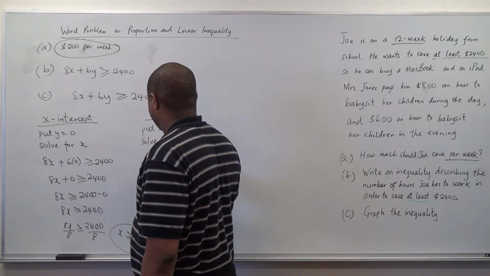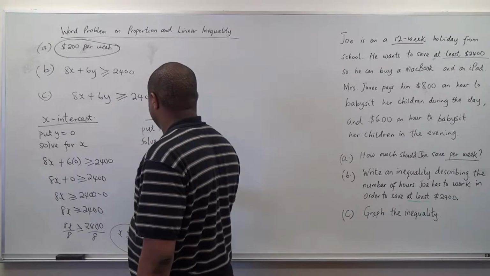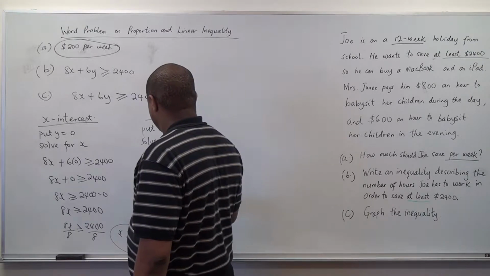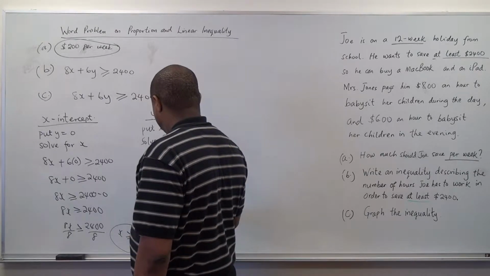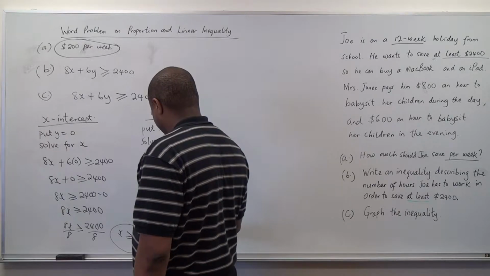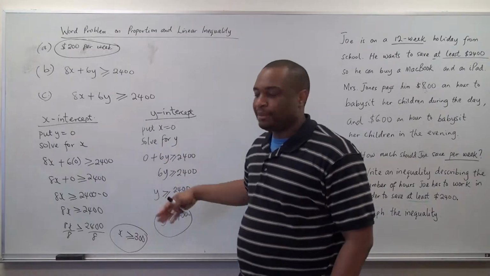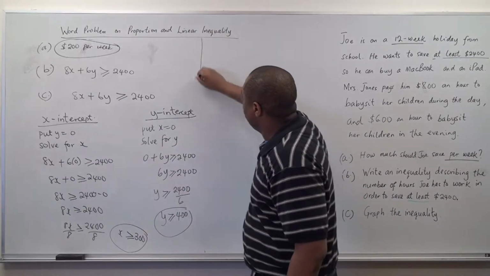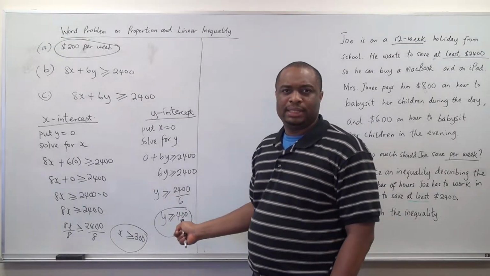So this will be 0 plus 6y greater than or equal to 2400. 6y is greater than or equal to 2400, and y should be greater than or equal to 2400 over 6. Now take your time and solve this, okay? I'm skipping some steps here to save time, because I explained it well earlier. So you now have the x-intercept and the y-intercept.